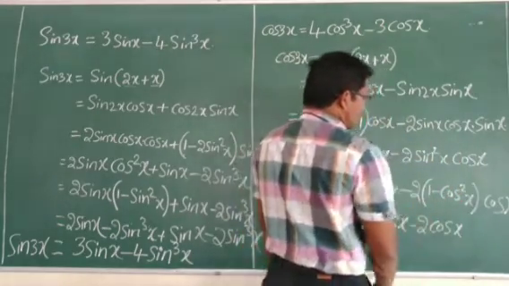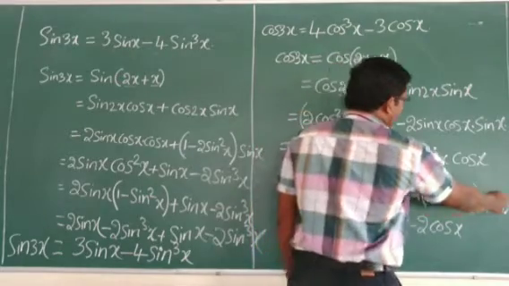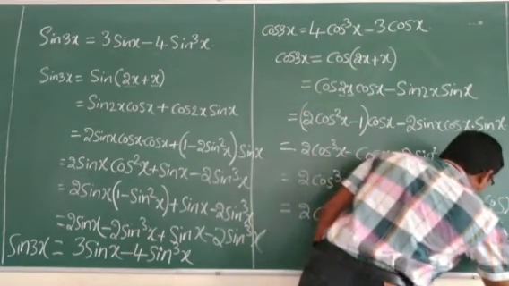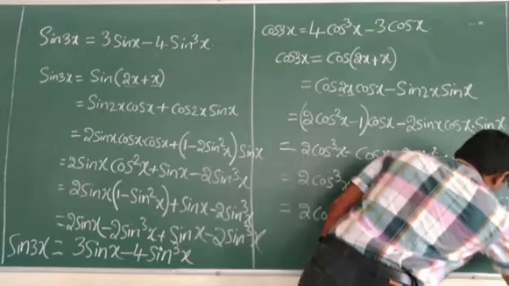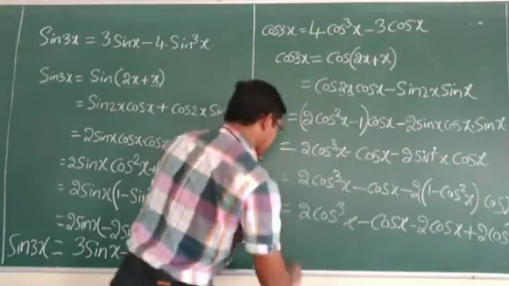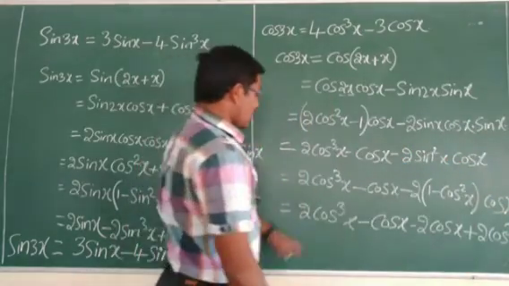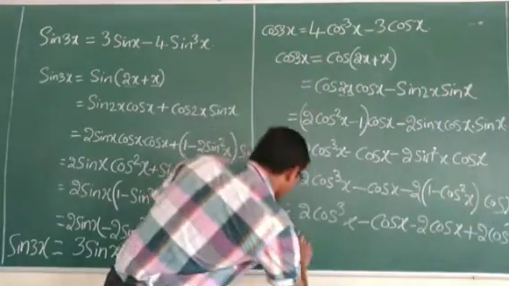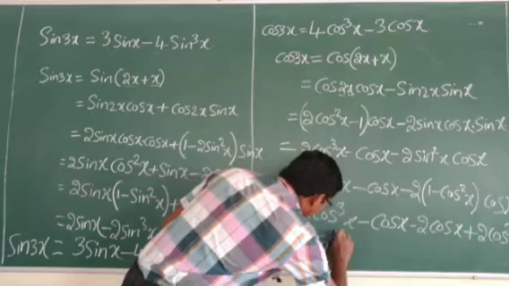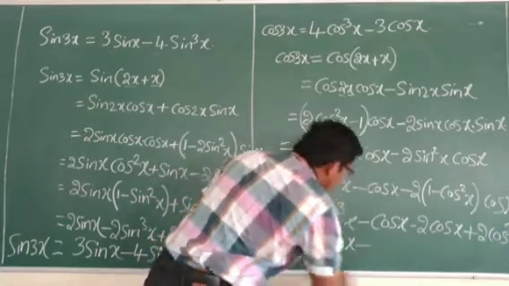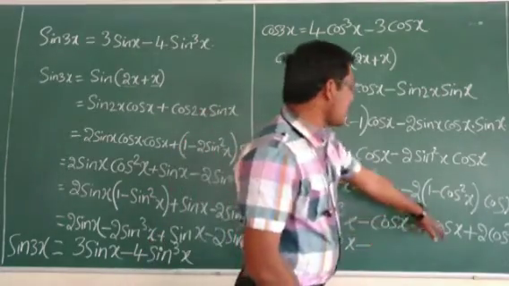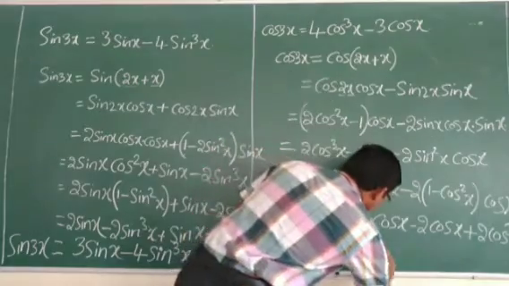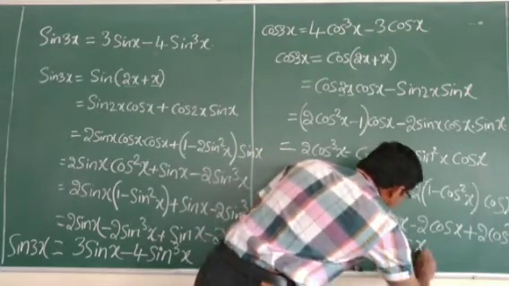Now minus into minus is plus 2 cos square x into cos x, plus 2 cos cube x, that is equal to 2 cos cube x plus 2 cos cube x, that becomes 4 cos cube x minus cos x minus 2 cos x, that becomes minus 3 cos x.